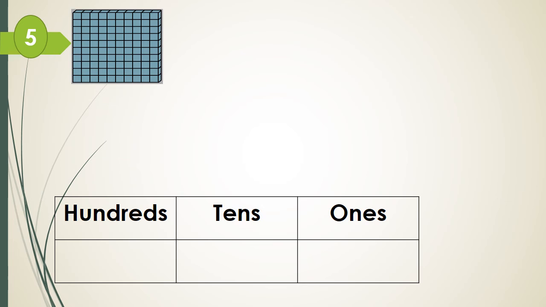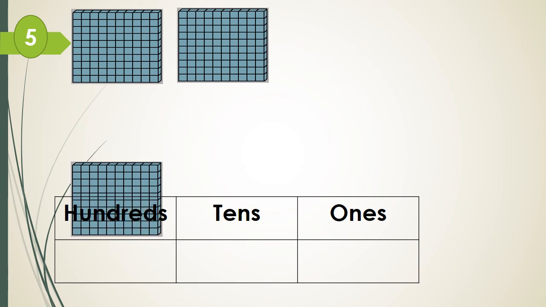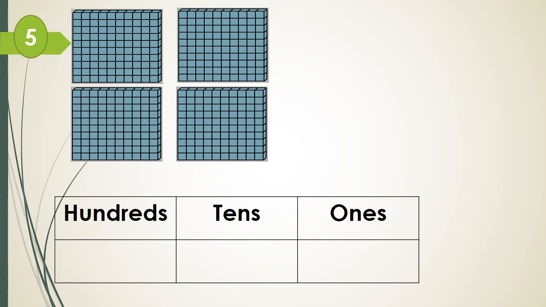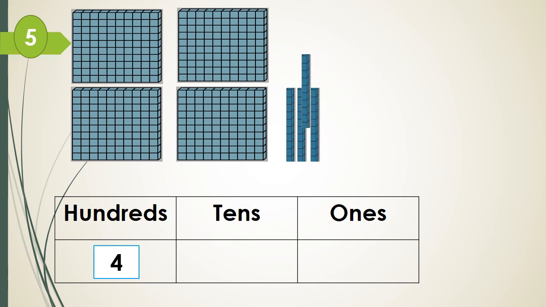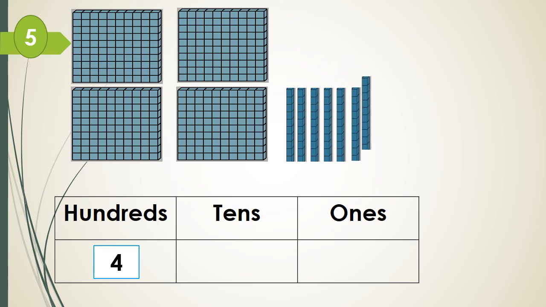In number 5, I have 1, 2, 3, 4. How many hundreds? 4. How many tens? 1, 2, 3, 4, 5, 6, 7, 8.